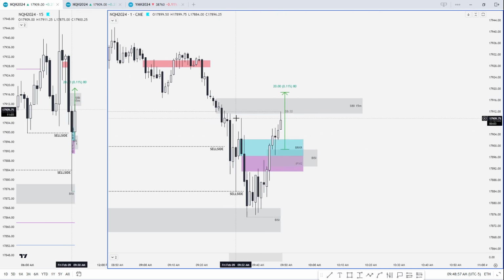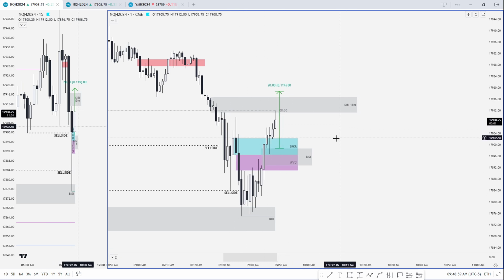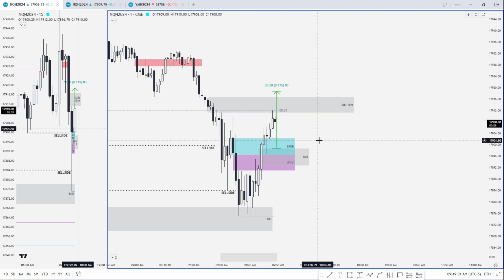Different partial opportunities, right? We got swing highs, and we've got the 15-minute gap plus 8:30. See how this bullish order block here wants to hold. It's holding it off the wick.